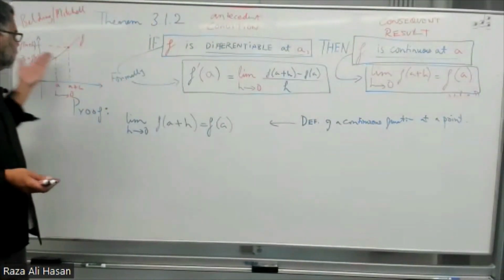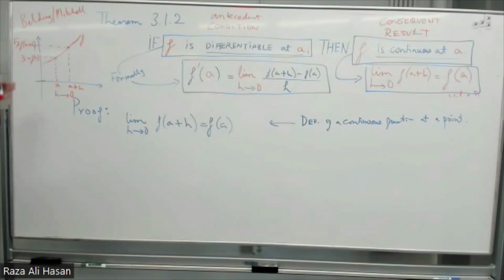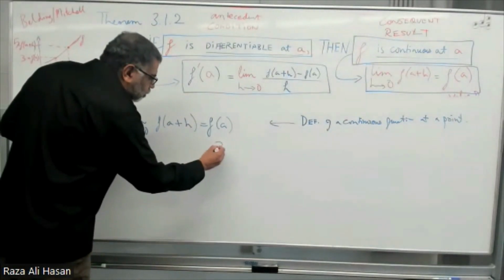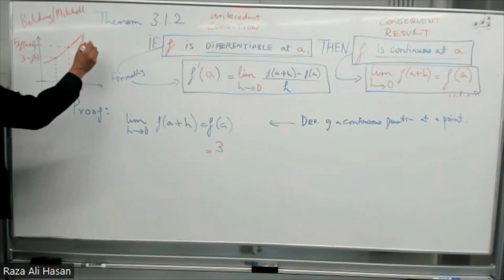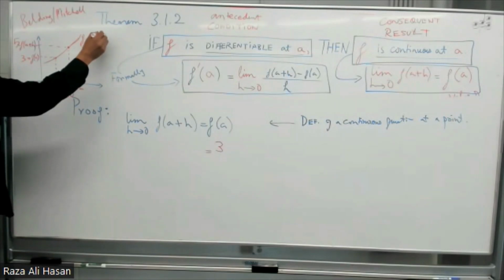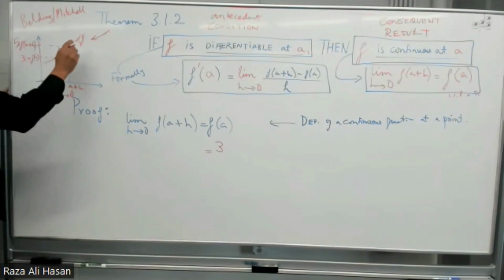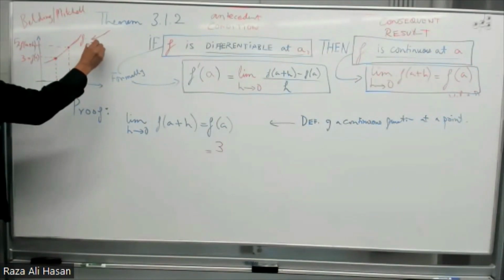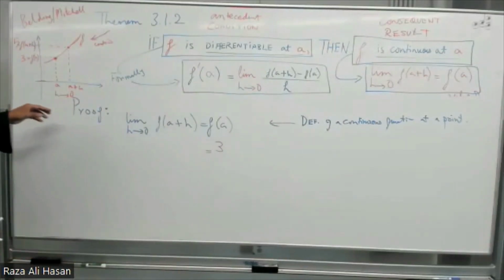But let's say we had this function here, our cute little function. In that case, if we had the numbers, all we had to do was put 3 here, because what we're trying to prove is that f is continuous here, by just looking at the definition of continuity.